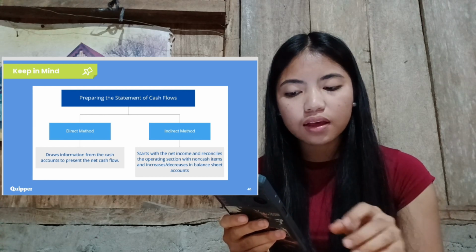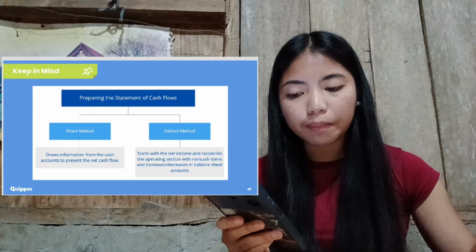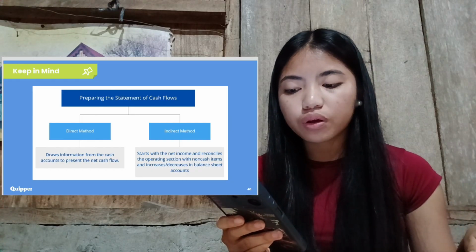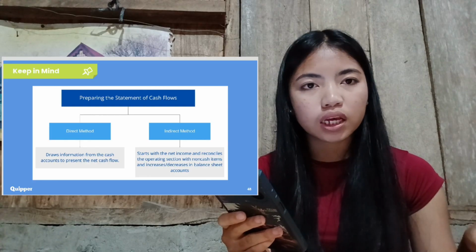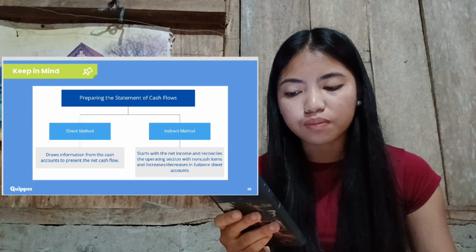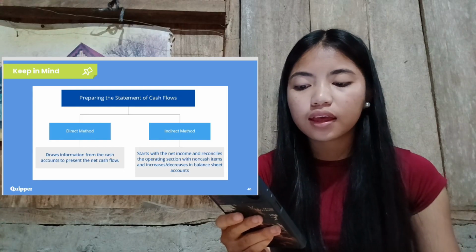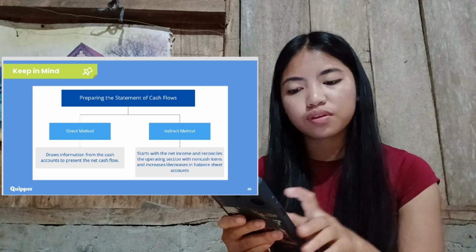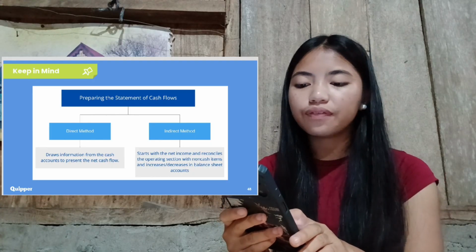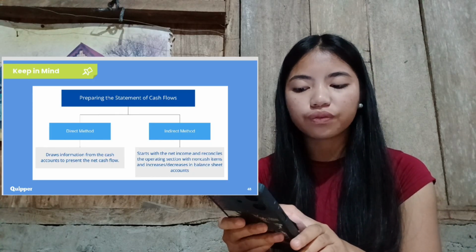While ang indirect, nag-start na siya sa net income, katong total income na, and reconciles the operating section with non-cash items. So, apil na pod ani ang mga non-cash items and increases decreases in balance sheet accounts. So, that's the difference between the two methods in preparing the statement of cash flows.